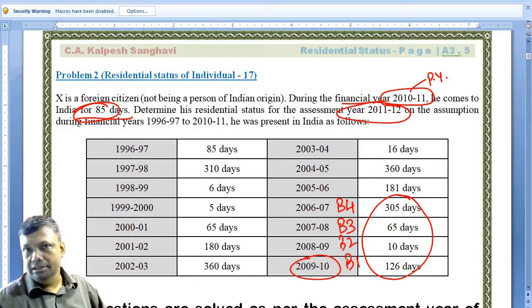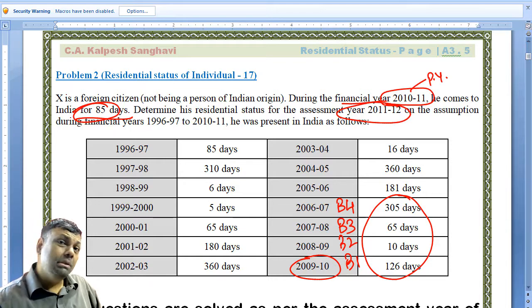But I will organize my data. See, organizing data is very important here from a question point of view, because otherwise there is a very likely chance that you will make silly mistakes.